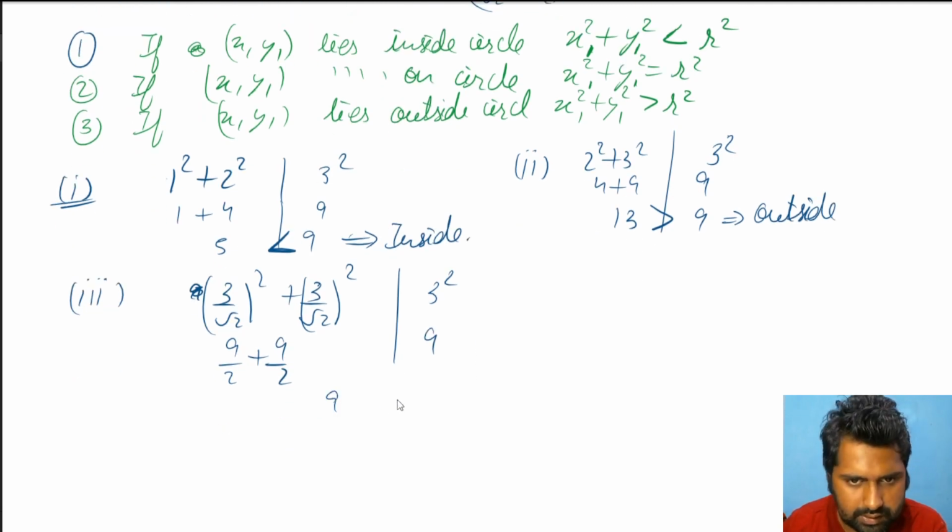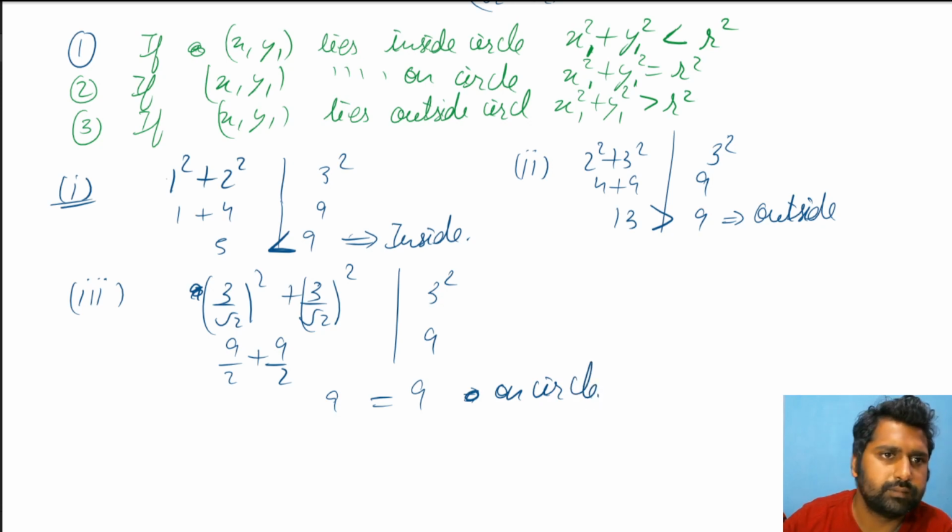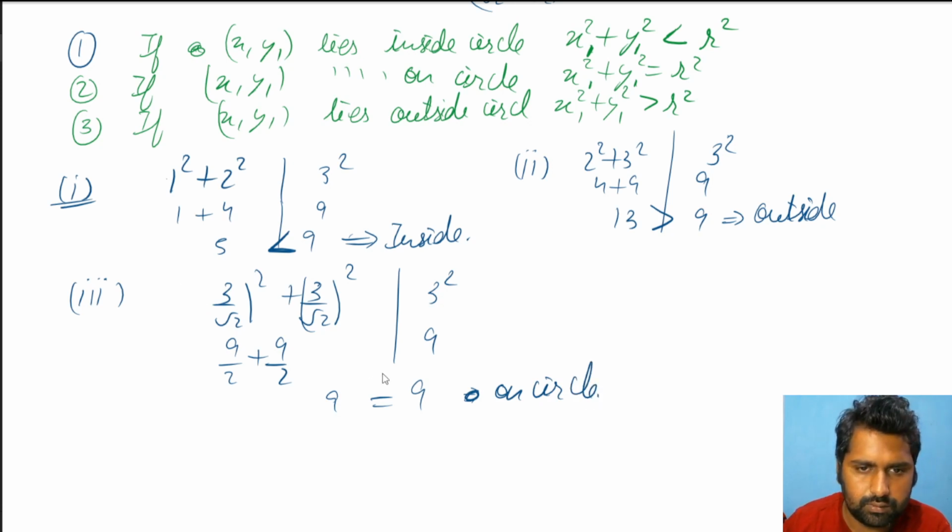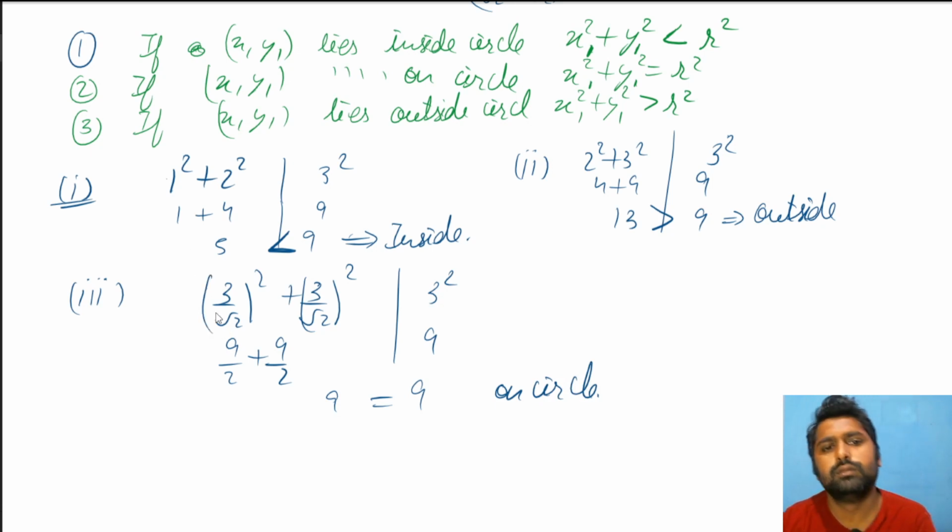So 9 and 9, they are coming equal. Equal means it is satisfying the equation, hence it is on the circle. This is how you can know whether the point is inside or outside the circle.